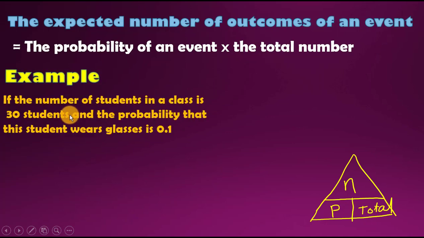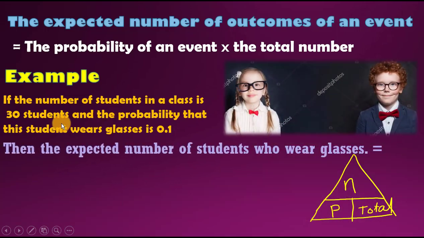For example, the number of students in a class is 30, and the probability that a student wears glasses is 0.1.